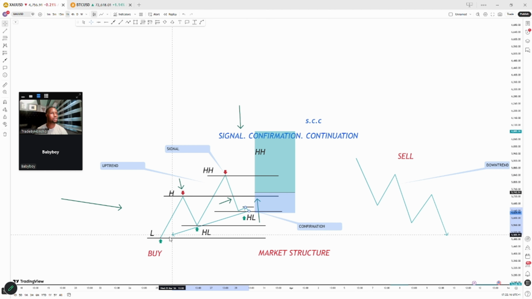Just trust them automatically because they are clearly the ones showing you the sign. They are showing you the signal that they are in control. They are showing you the confirmation that they are in control. So just trust them and just continue what they are doing. And you will find that you will be in profit from what the buyers are doing. So this is the process of you buying the market.